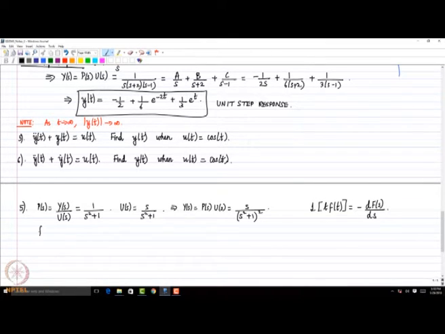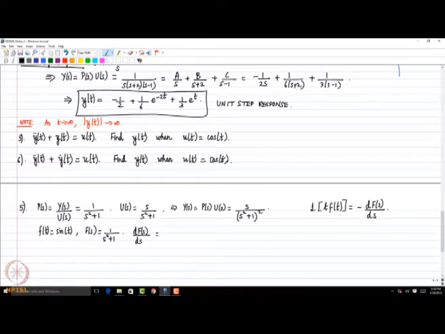So let us say I take f of t to be equal to sin t. I know that the Laplace transform of sin t is 1 divided by s squared plus 1.